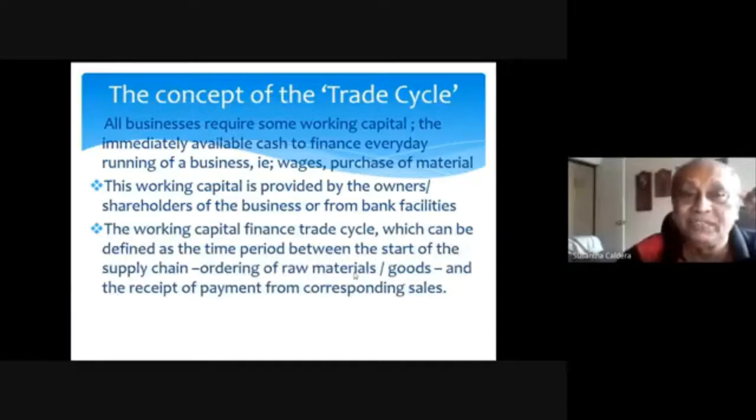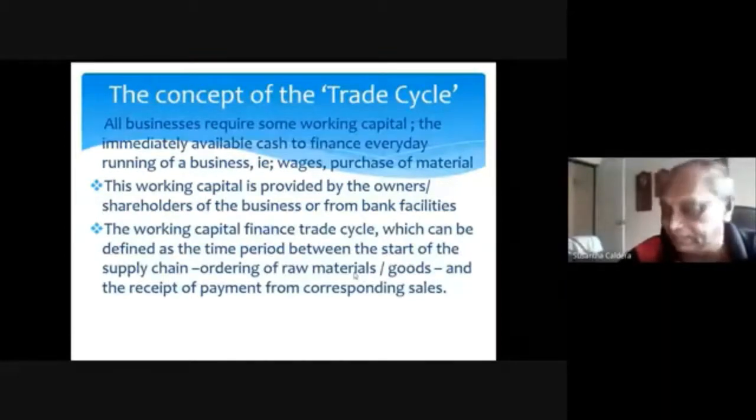So they need working capital for wages, purchase of material, and various things. Right? The working capital finances the trade cycle. Trade cycle will be financed by the working capital, which can be defined as the time period between the start of the supply chain, ordering of raw materials, goods, and the receipt of payments from corresponding sales. Right? Okay.